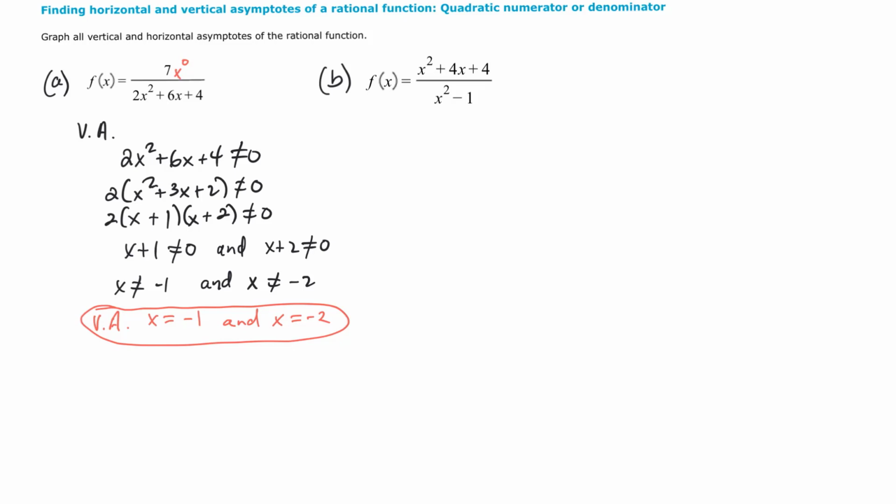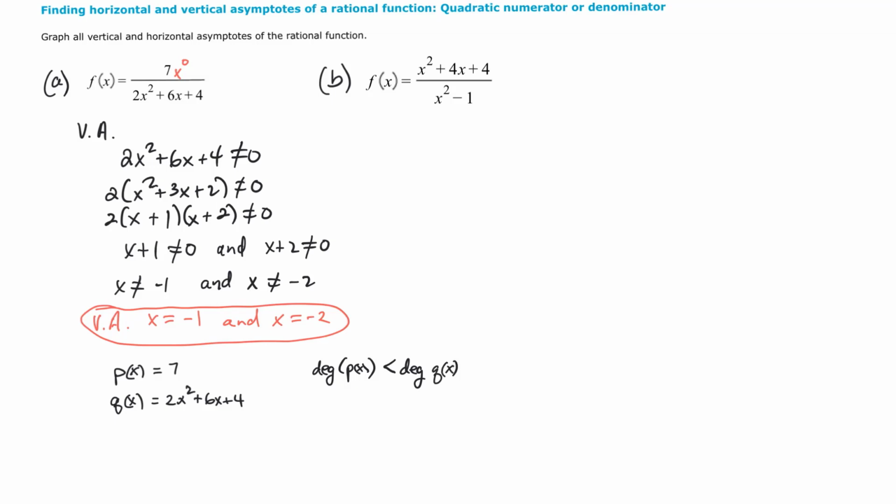If we wanted to name things, labeling is a mathematical skill, we could label p of x, the polynomial in the numerator, as 7, and q of x as 2x squared plus 6x plus 4. So the degree of p of x, the numerator, is 0, which is less than the degree of q of x.